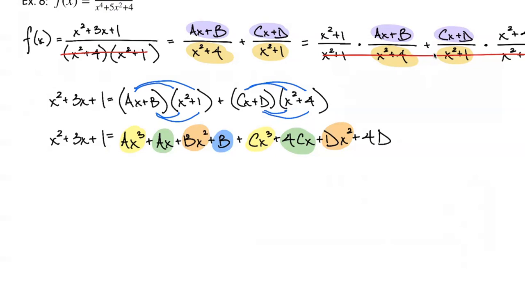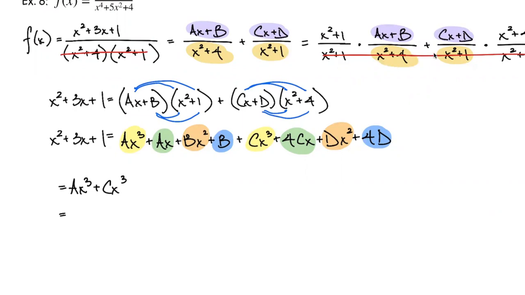So don't be fooled. I know that b is a different letter than d, but both of them are constants, right? They don't have any x's with them at all. And so based on this right-hand side, I should have 4 different equations. And so if I start to write them out, I'm going to get ax cubed plus cx cubed.